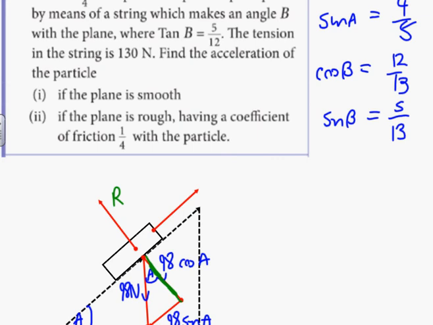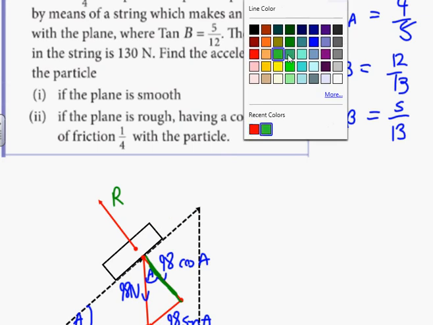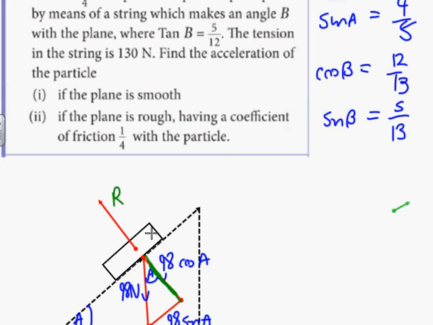I'll get a new color just to stop confusing. Green here. So we're pulling this with our string. And our string has two components, because it says that we're pulling it up at 130 newtons. So this 130 newtons is going up in this direction here, and we also have this direction here and this direction here to consider.